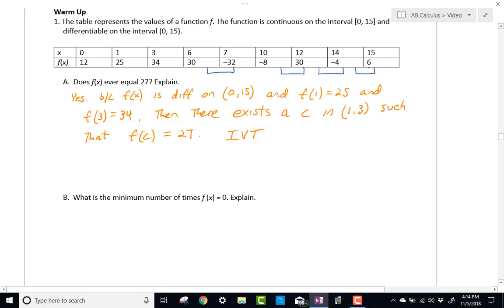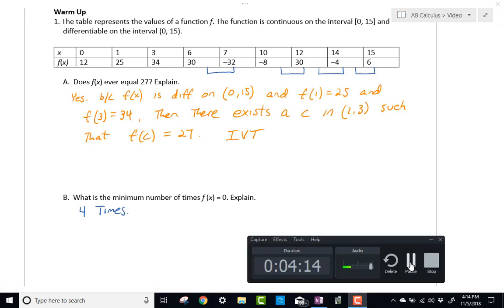So let me just recount those real quick, because my notes are showing 3 times. We're going to go from 30 to negative 32, so we're definitely going to hit 0. Negative, positive to negative, and negative to positive. So it looks like it's 4 times here. So I got 4 times. So that's the first thing I want to say. Okay? Give me 1 second.